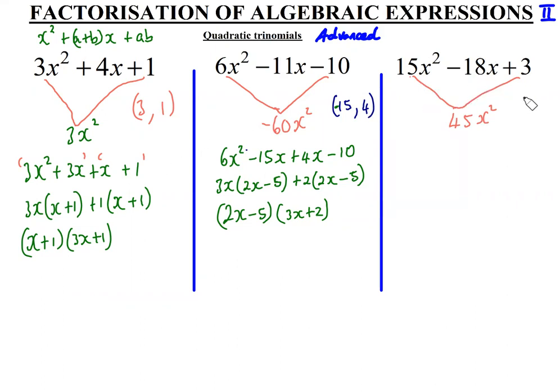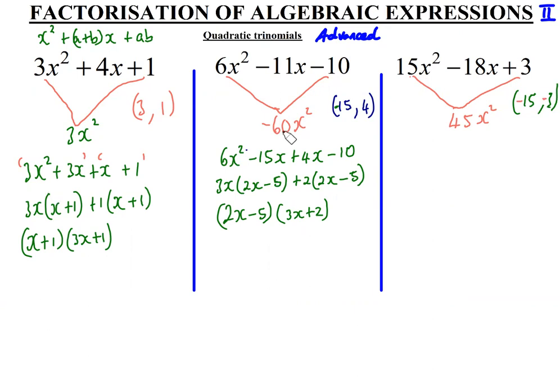So those factors are again 15 and 3. Now, 15 and 3, what about the signs? The signs, they must all be negative. Because if we say negative 15 times negative 3, we get positive 45.